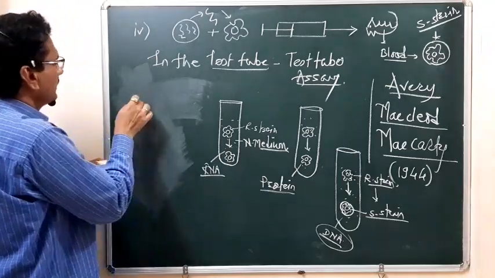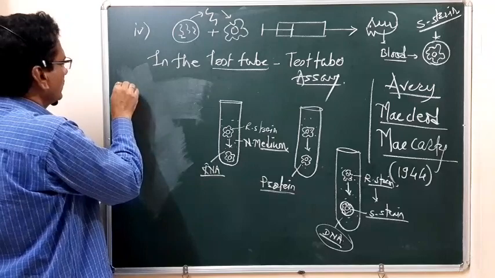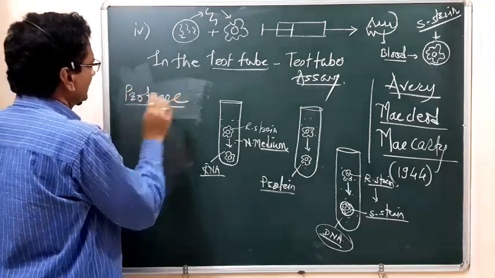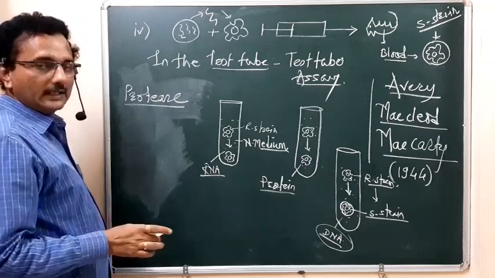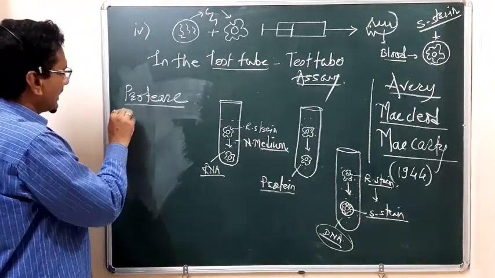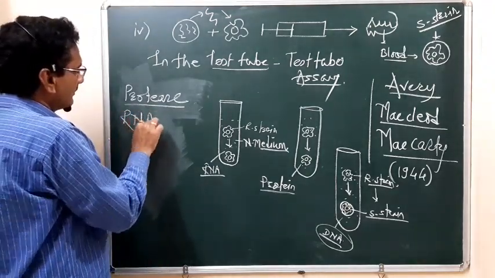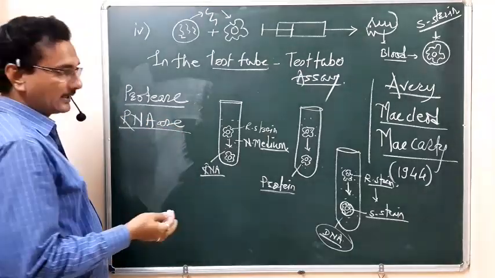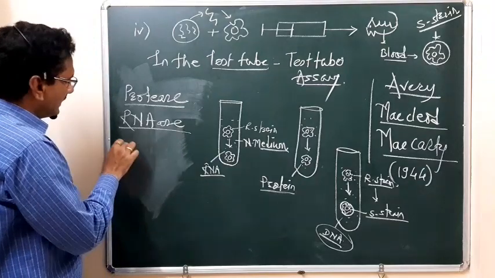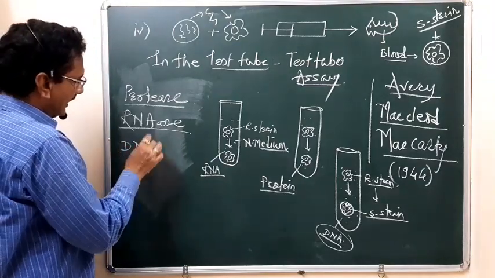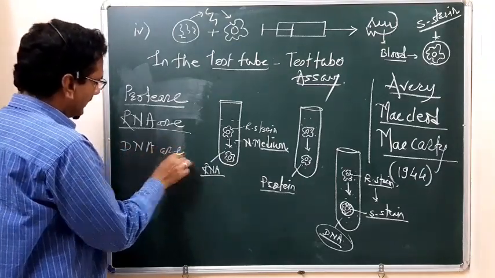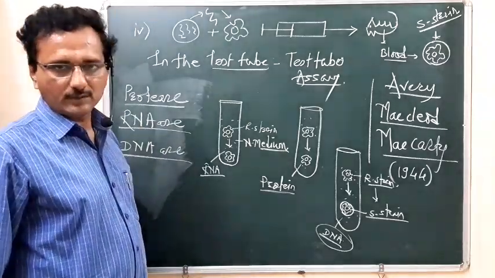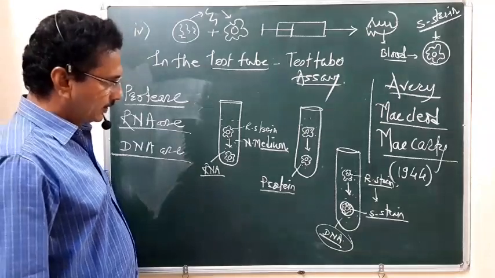That is the protein digesting enzyme, called the protease enzyme. Then the RNA digesting enzyme, the RNase enzyme. Then the DNA digesting enzyme, that is the DNase enzyme. So these three enzymes they used.